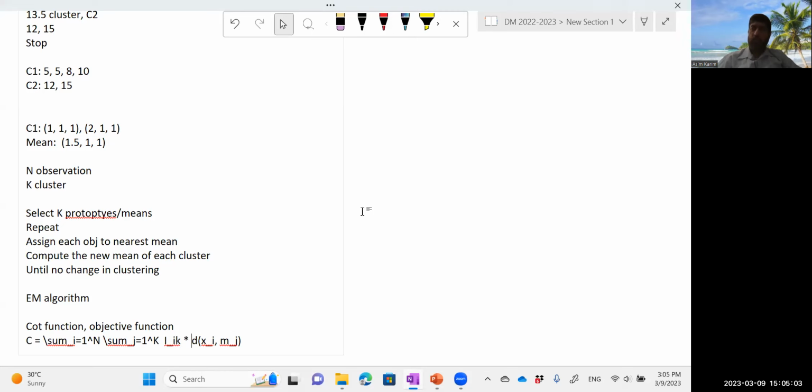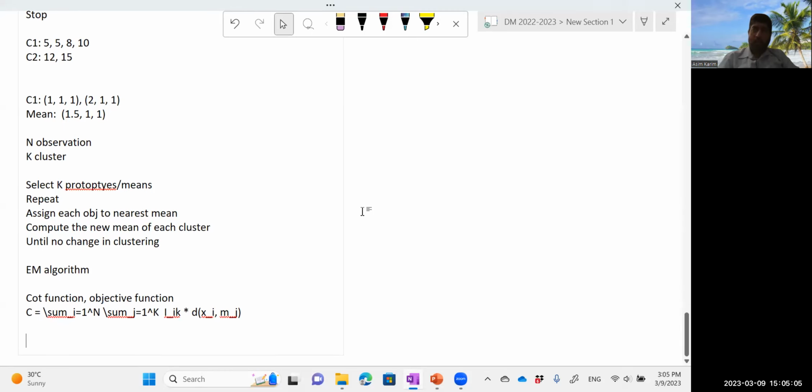So d of course is the distance, where x i is object i, m j is mean of cluster j, ठीक है.